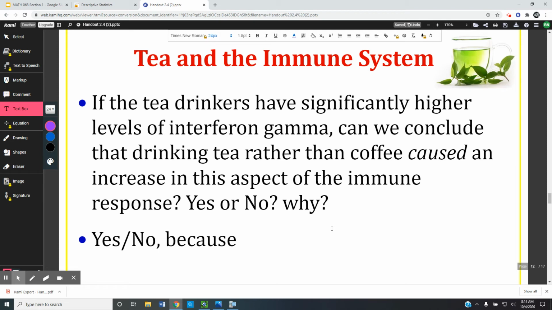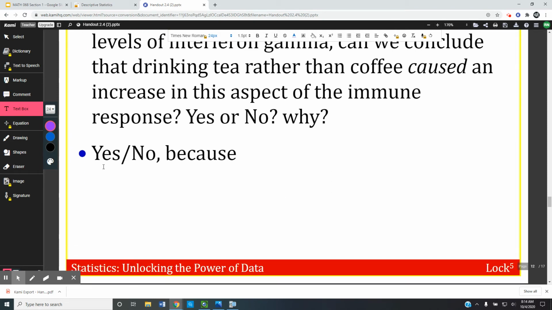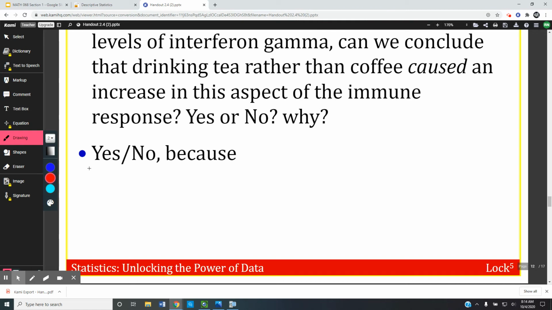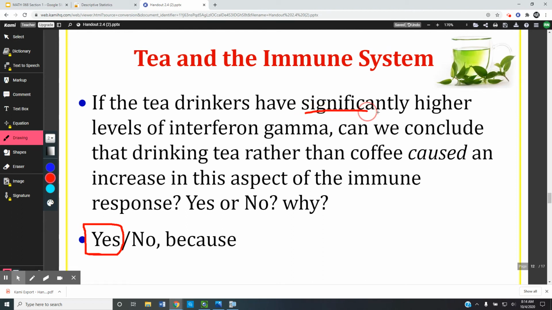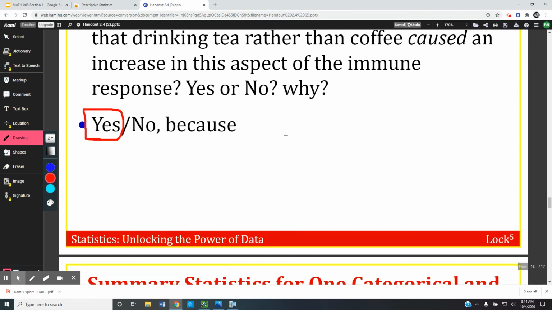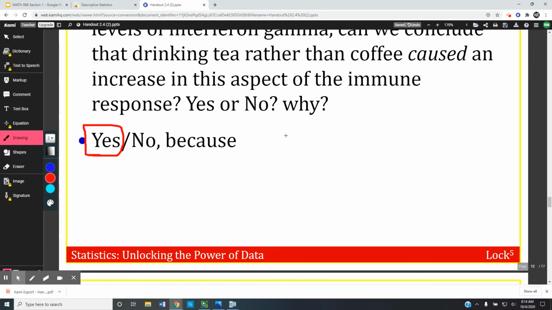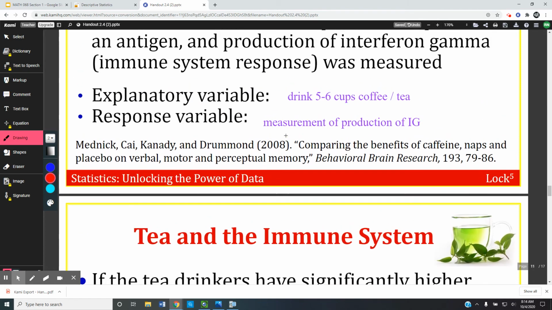Well, the answer would be yes. Why would it be yes? Because remember, this was an experiment that was being conducted. And if we have significantly higher differences between these two, then we can make a conclusion that we could have causality. We're not actually doing the calculations, we're just discussing what happens.